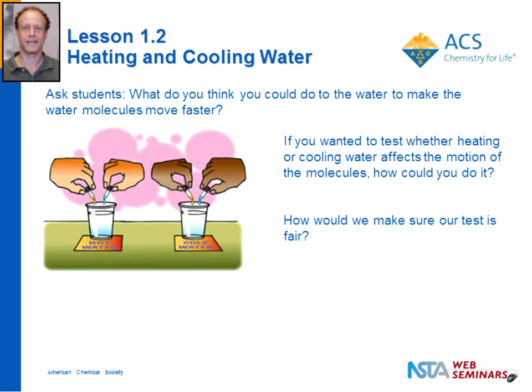Actually, I think the question is, how could you affect the speed of the motion of the water molecules? If you remember, all we did before was put a drop of food coloring in room temperature water, and we saw that the food coloring moved, and we sort of concluded that maybe that's because the water molecules themselves are moving. And then we tried to model that.